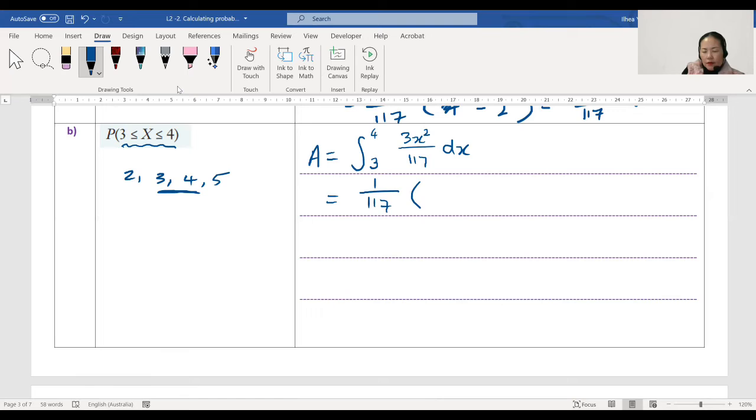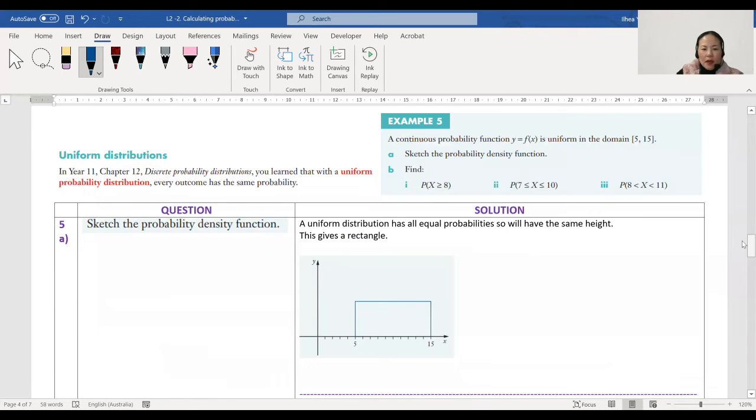It's going to be 4 to the power of 3 minus 3 to the power of 3. I'll just remember that from the previous question. That's x cubed, and then the limits are from 3 to 4. The answer is 37 over 117. Okay, so that's what we got. So I just have to remember, guys, these parts.